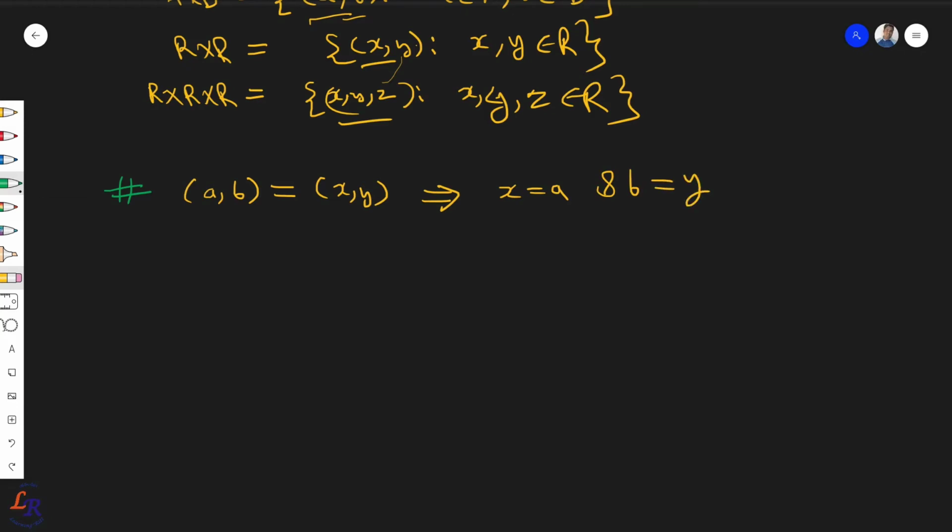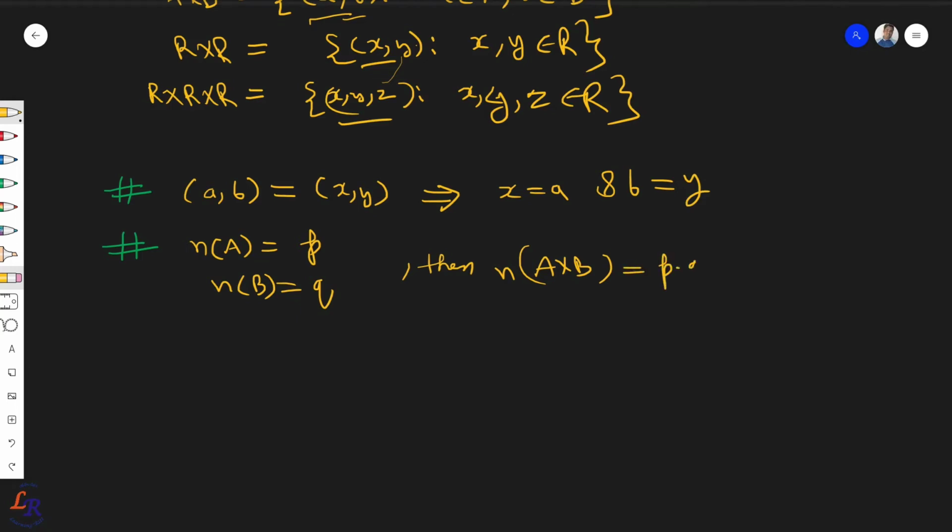The other property: if the number of elements in set A is p, and the number of elements in set B is q, then the number of elements in the Cartesian product A cross B should be p into q. So that is another property.